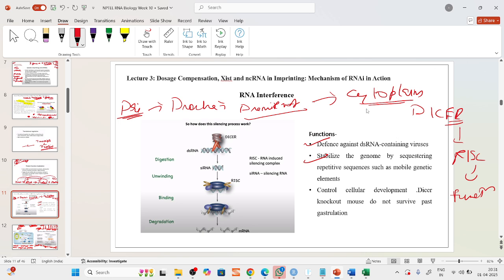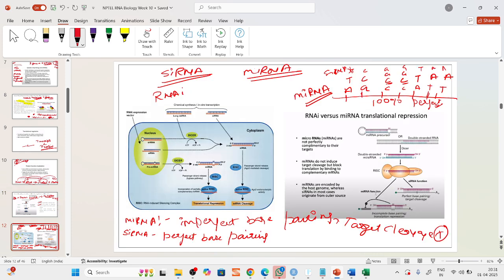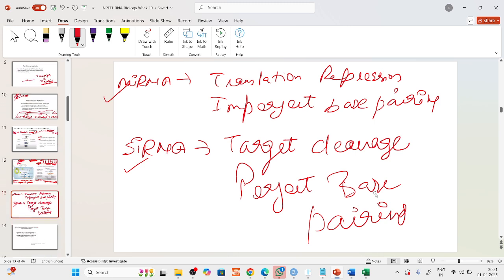And then we have studied about what are the different functions of RNA interference. So it helps in defense against double-stranded RNA viruses. It stabilizes the genome. It controls the cellular development. So these are the different functions of RNA interference. Then we have studied, very important, how the work of miRNA is different from siRNA.